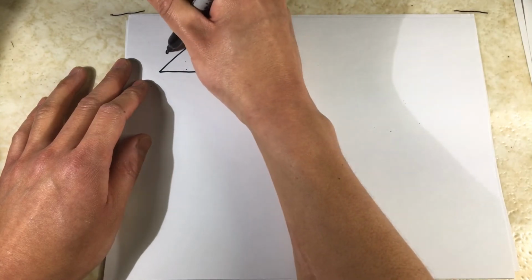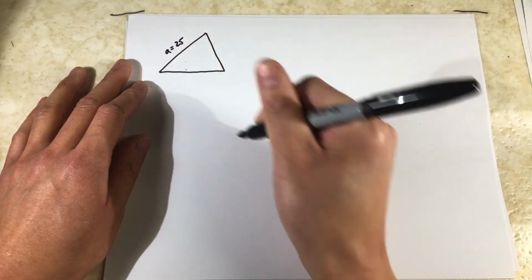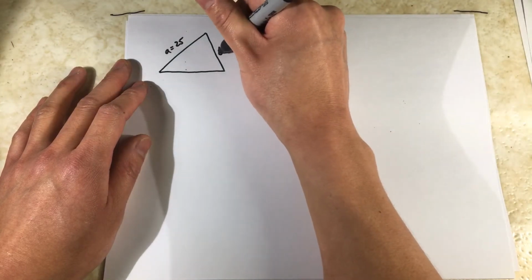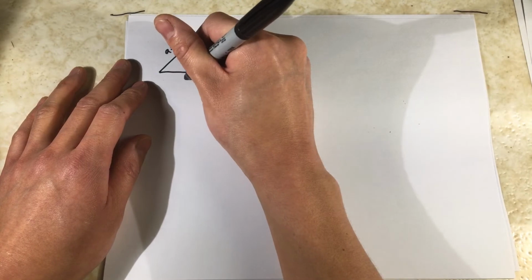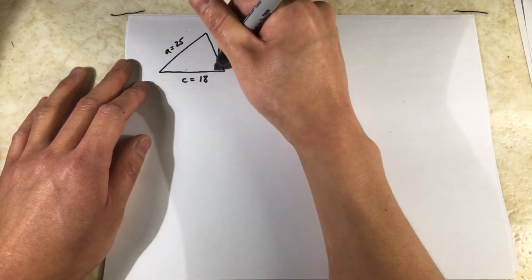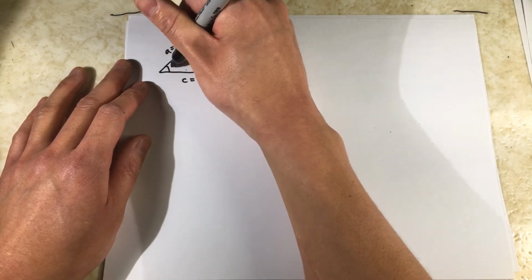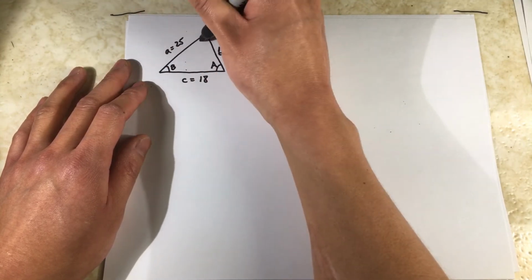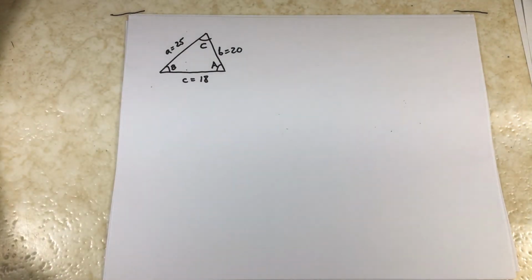So we have A is equal to 25, B is equal to 20, and we have C is equal to 18. So this is one of the ones that you could not do with the law of sines. Which is you're given side, side, side. All right, but you have to solve for the angles.